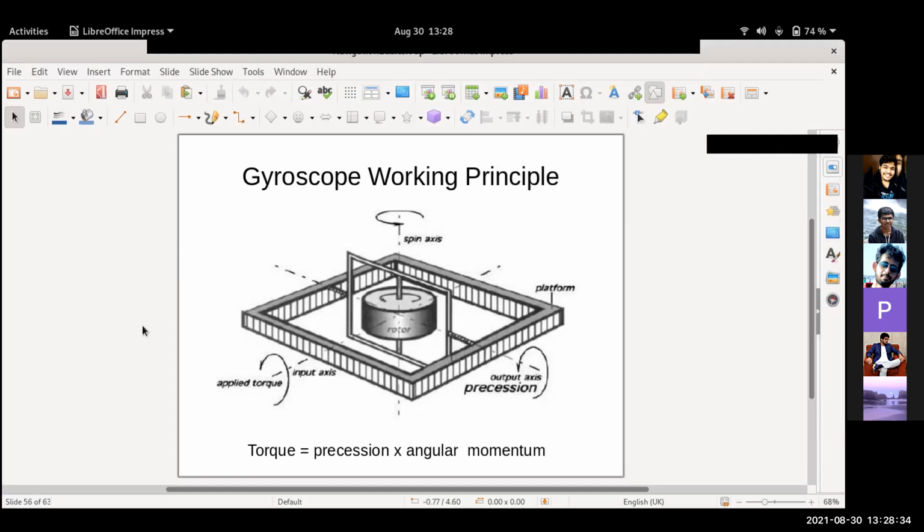Friction will reduce your motor efficiency, but that is how it is done.